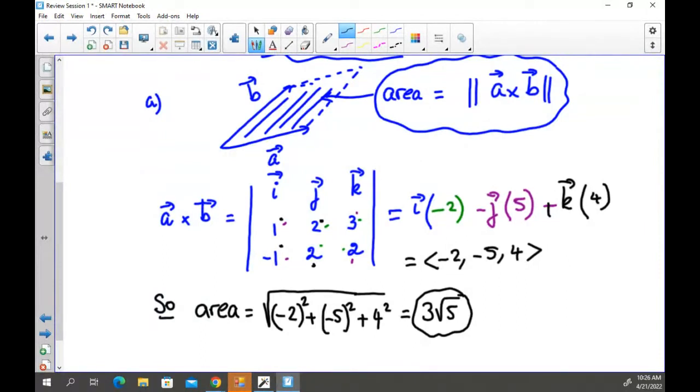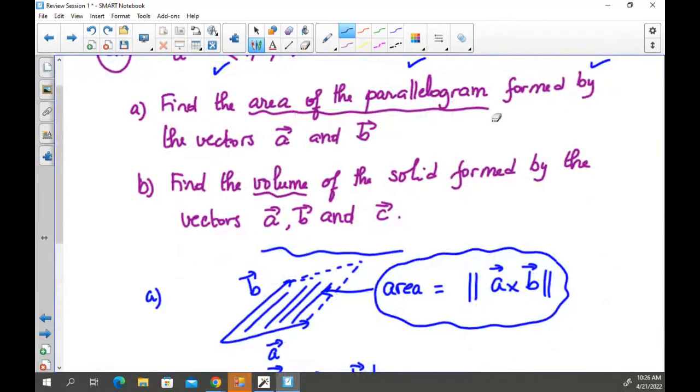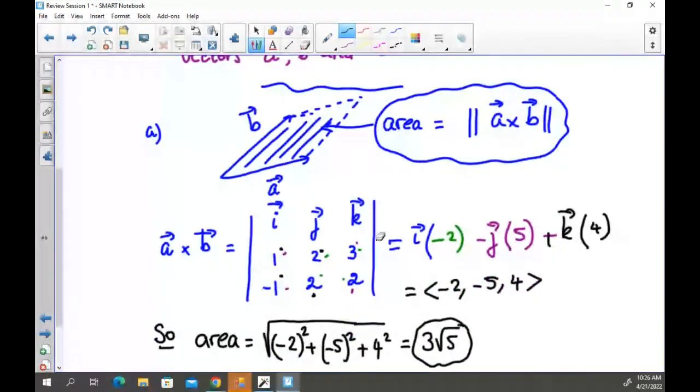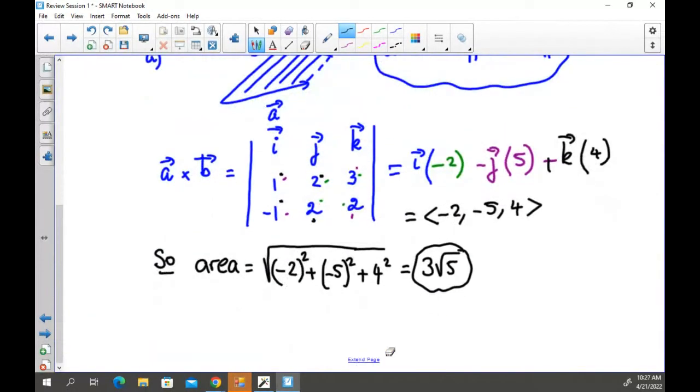Is that okay? Easy, yes? Great, so that is the area of the parallelogram formed by the vector A and the vector B. You find the cross product, and then you find the magnitude of that vector.